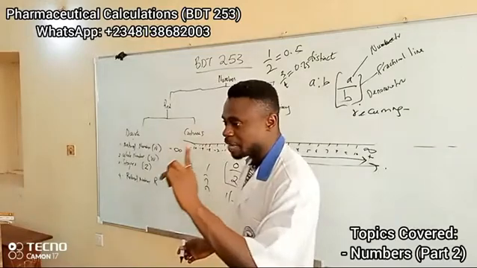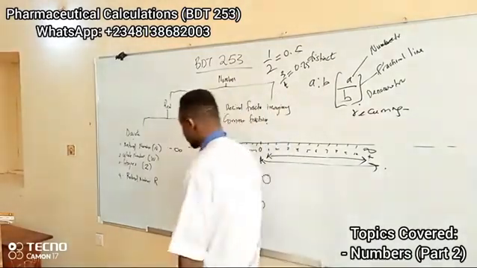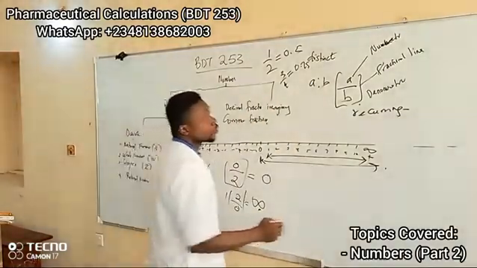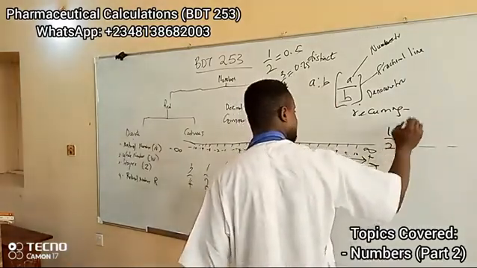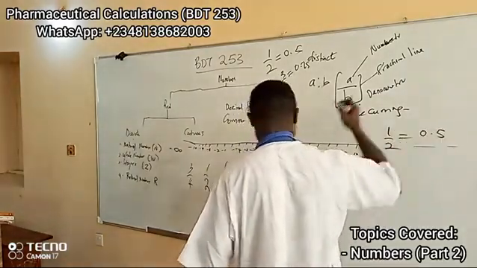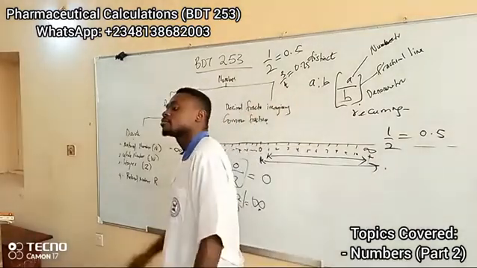Now see what I mean by a terminating decimal fraction. Watch. 1/2, if you divide it, gives 0.5. It's terminating.